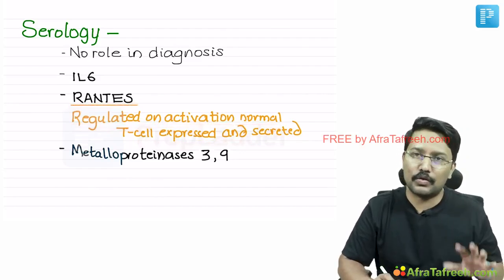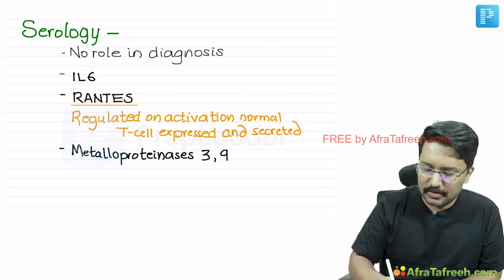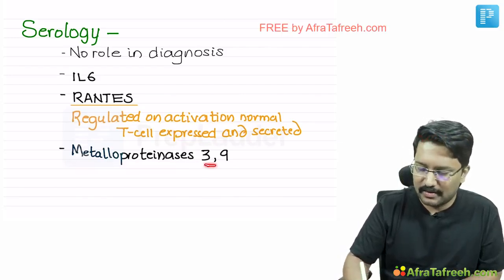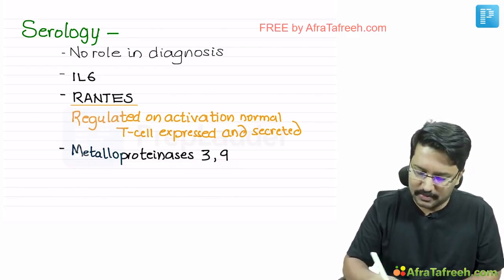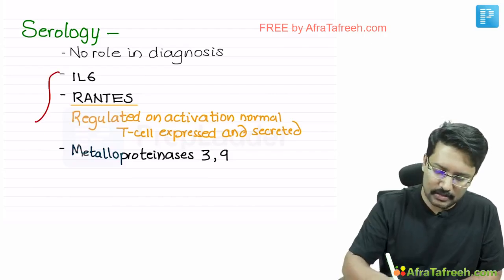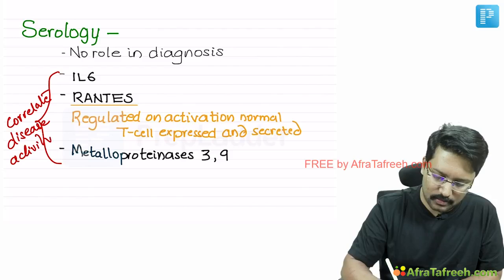So the RANTES levels are also elevated when the disease is more active. Okay. Then the last one is metalloproteinases 3 and 9. 3 and 9. So levels correlate with disease activity, right? So levels of all these three correlate with disease activity. So they can be used as a marker when the patient is on treatment, right?